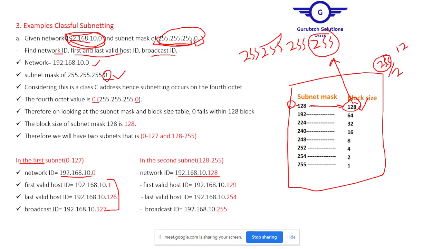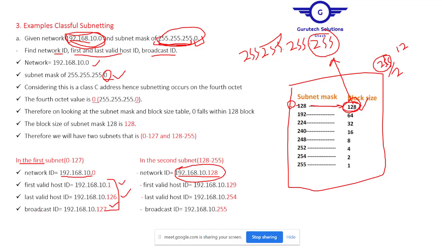Skip it by adding 128 so that you finalize on the network address of the second subnet. After writing the network address of the second subnet, now is the time to identify the broadcast ID, the last valid host ID, and the first valid host ID.